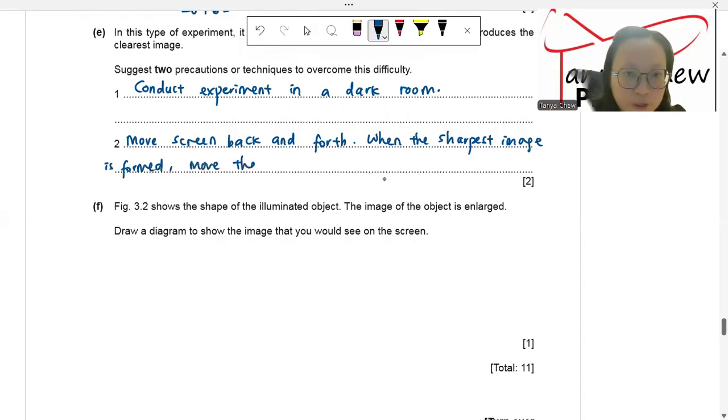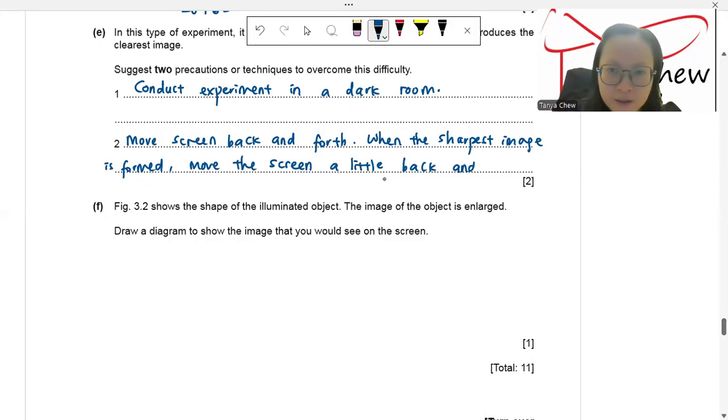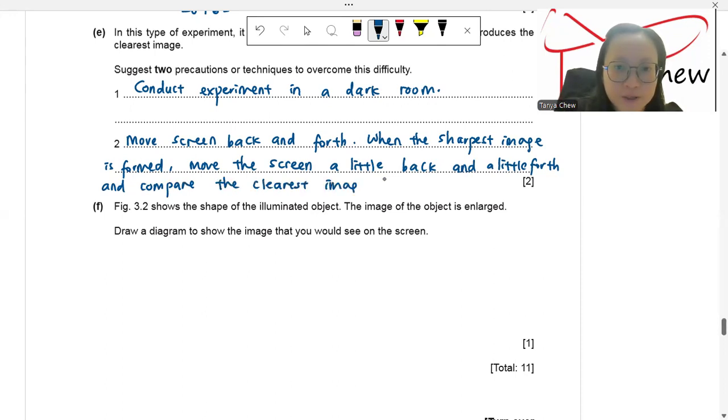Move the screen a little back and a little forth from the one that you have determined, and compare the clearest image. Take the one that is clearest to you, right?